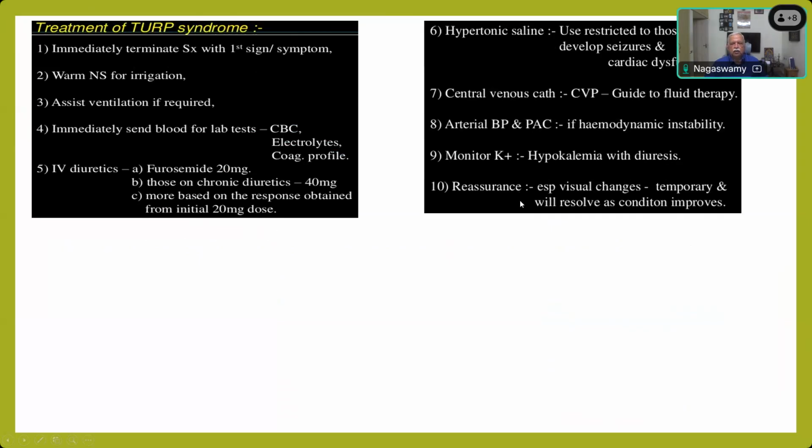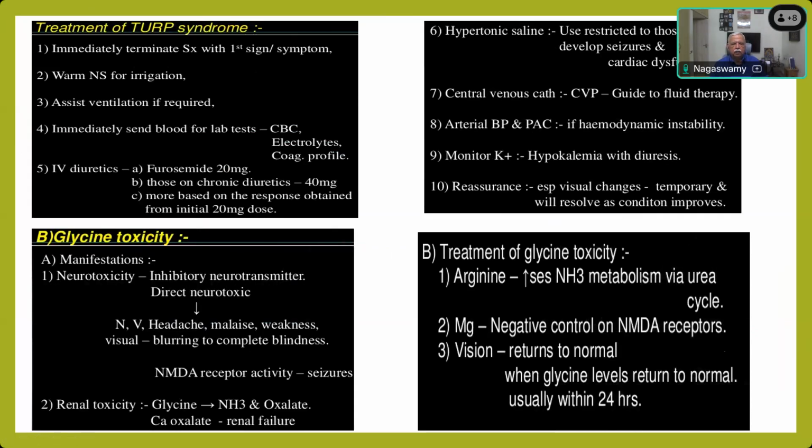And reassure about visual changes. This is the treatment that we have to remember. Glycine toxicity treatment is with arginine and magnesium to have a negative control on NMDA. Vision will return to normal when glycine levels return to normal, and that will happen within 24 hours.